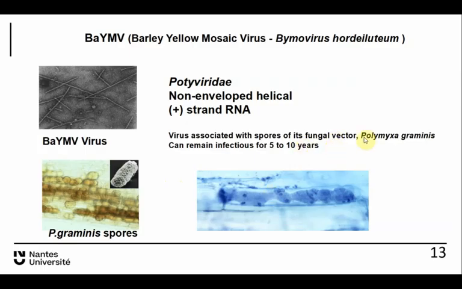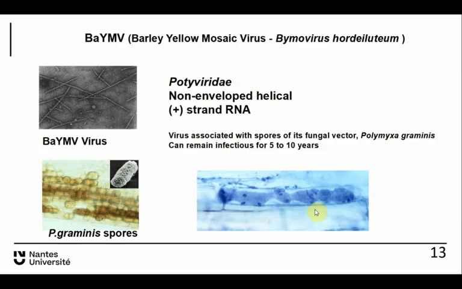So the hyphae of Polymyxa graminis: the spores lay dormant in the ground, but when the spores germinate, the fungus starts to form hyphae, which will penetrate the root tissue of the plants that are growing there. This is a section of a plant root, and this amorphous blue stuff here, these are the hyphae of the Polymyxa graminis. So they really infiltrate into the root, and this is how the virus can get into these plants.